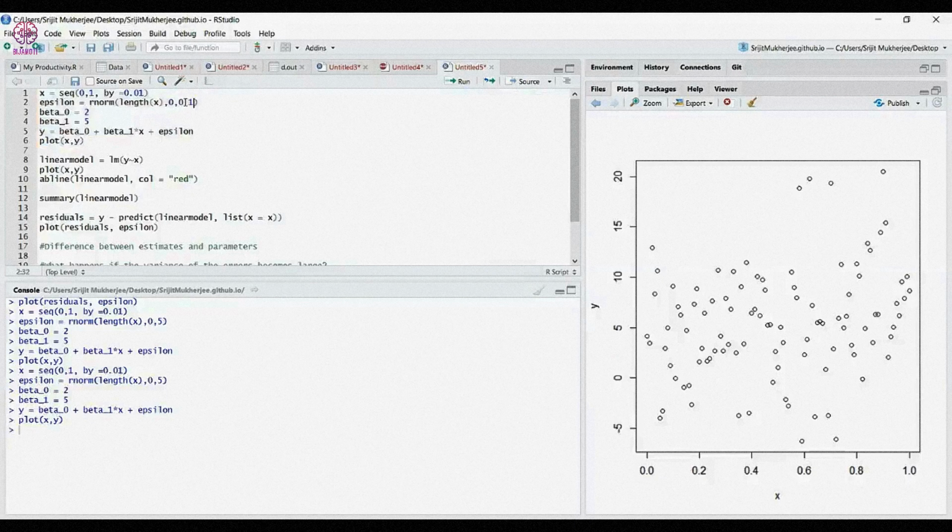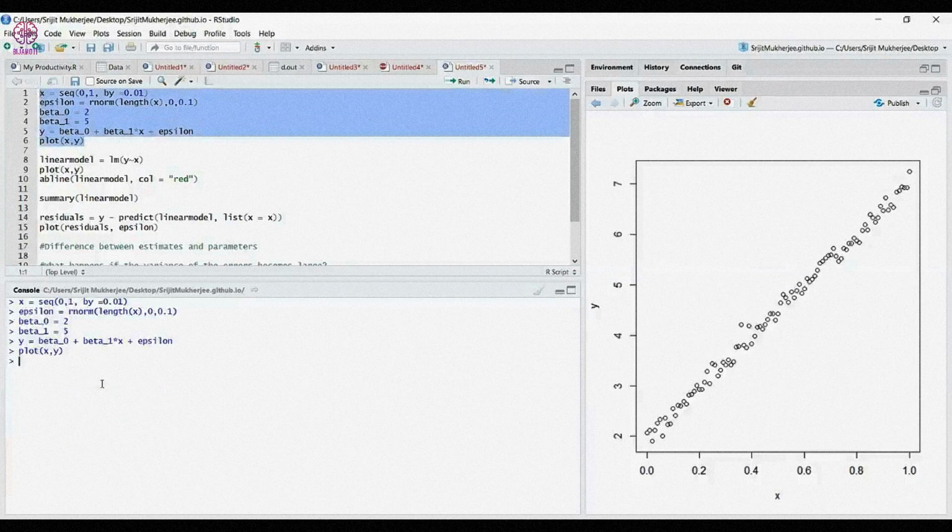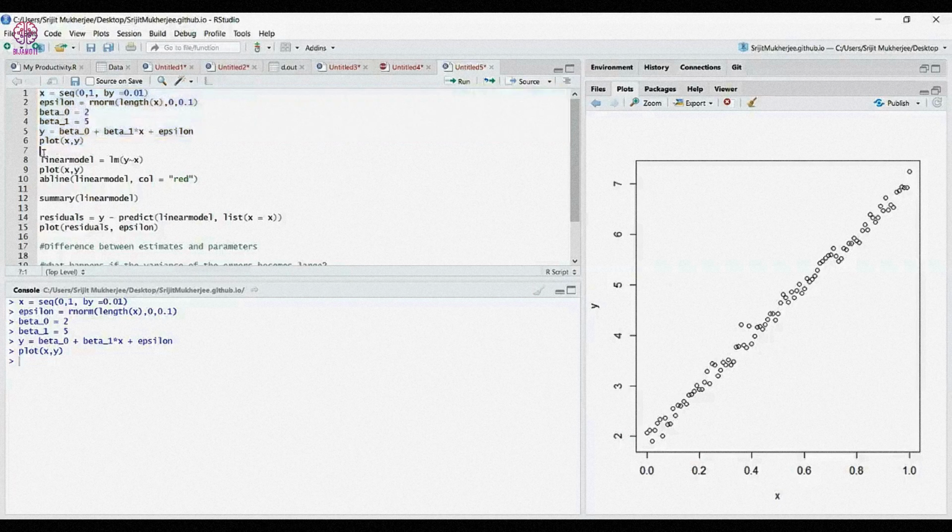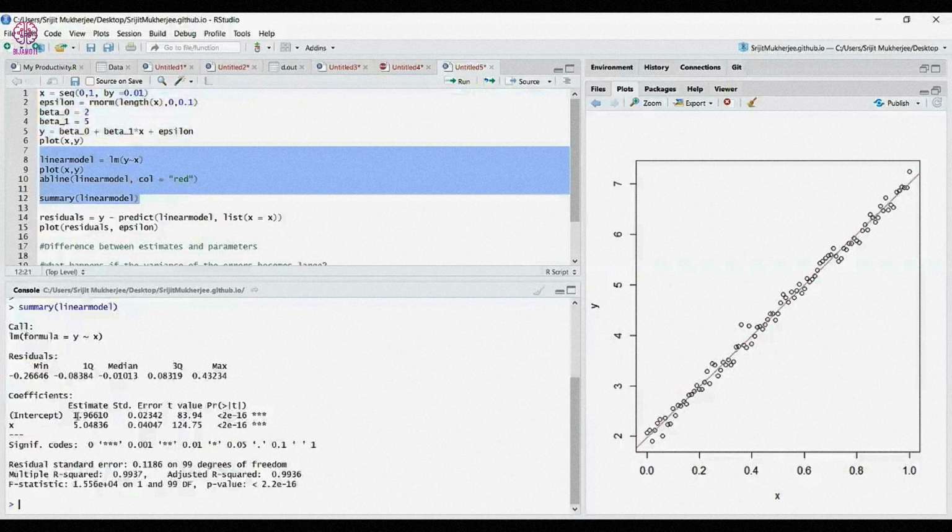For 0.1 it looks like this, and let's see the residuals, the linear plot, and the abline. The residual mean is like 0. The beta naught is 2, so it's at 1.96 and it's 5.04.